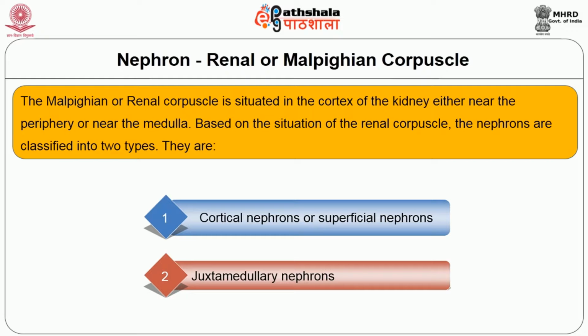About 85% of the nephrons are cortical nephrons. Next type is the juxtamedullary nephrons. Nephrons with corpuscles in the inner cortex near medulla or corticomedullary junction are called juxtamedullary nephrons. We will deal with the juxtamedullary nephrons or juxtaglomerular apparatus in a short while from now.